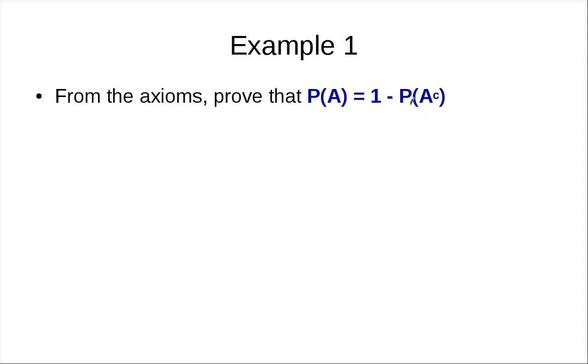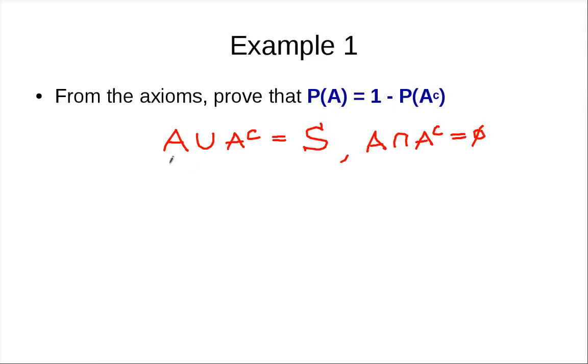To prove this, we're going to start with some simple facts. We know that A union A complement equals the sample space, and we also know that A and A complement are disjoint.